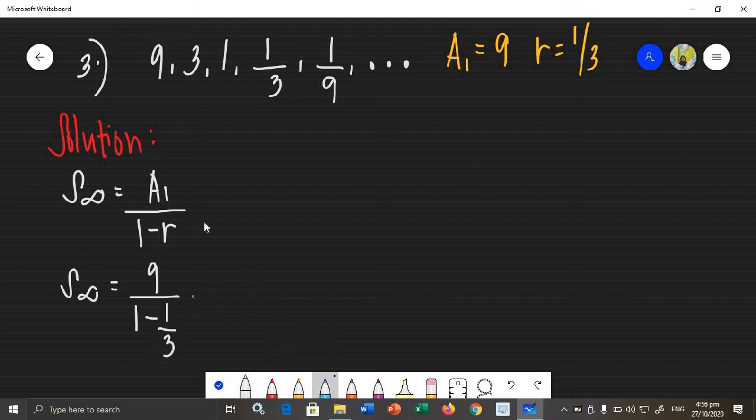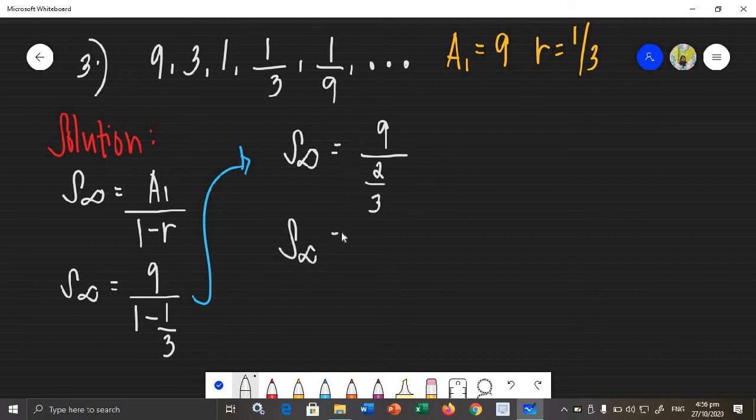So I'm going to continue the solution here. So S sub infinity is equal to 9 over 1 minus 1/3 is 2/3. Okay? So now I am going to make this portion here a complex fraction. So I'm going to assign a denominator for your numerator, which is 9. So it will become 9 over 1 all over 2/3.